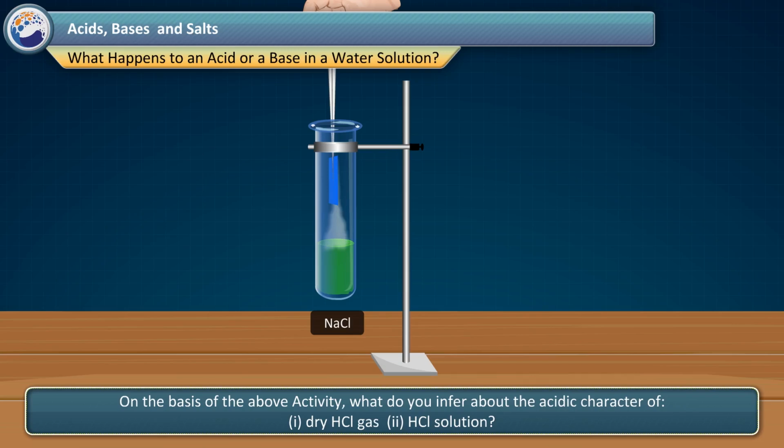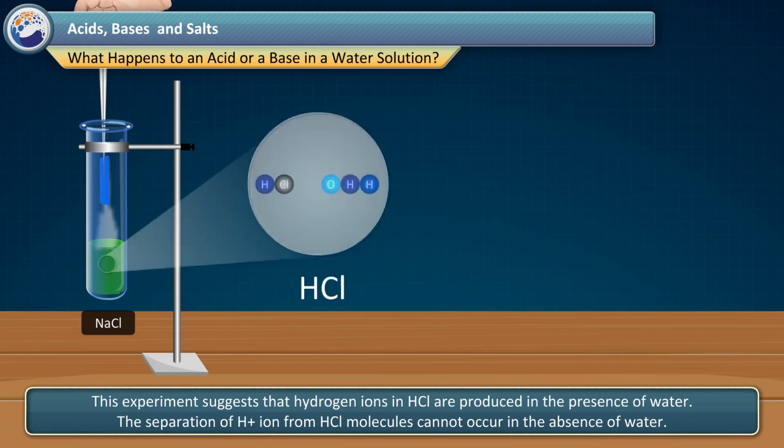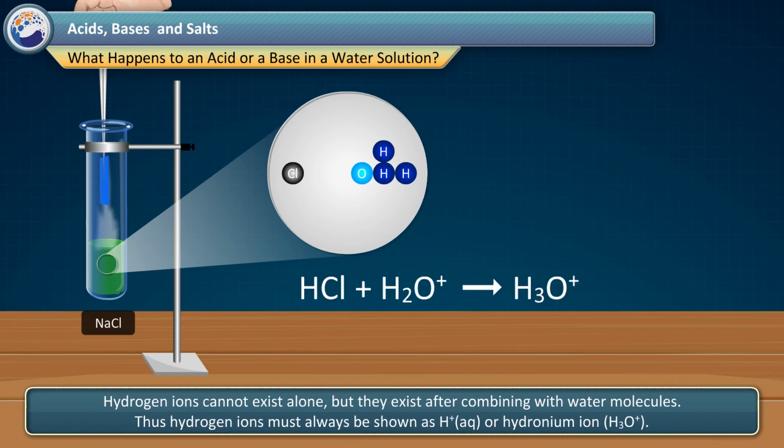On the basis of the above activity, what do you infer about the acidic character of first, dry HCl gas, second, HCl solution? This experiment suggests that hydrogen ions in HCl are produced in the presence of water. The separation of H+ ion from HCl molecules cannot occur in the absence of water. HCl plus H2O gives H3O+ and Cl-.